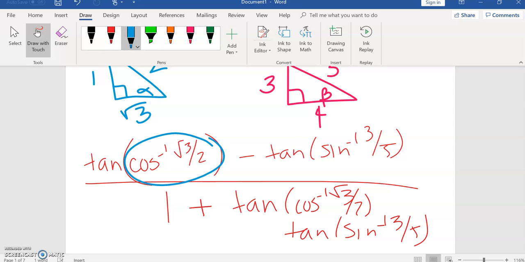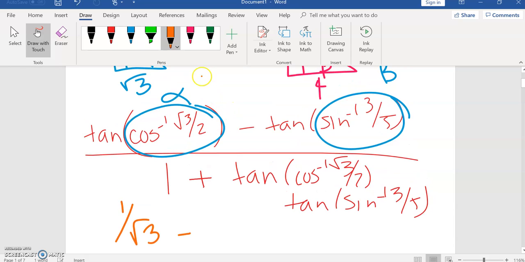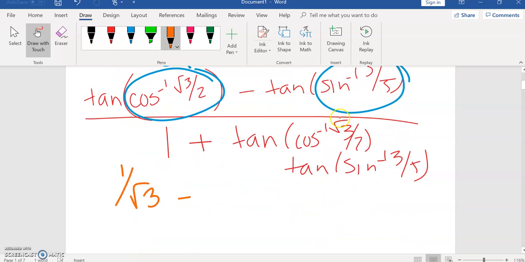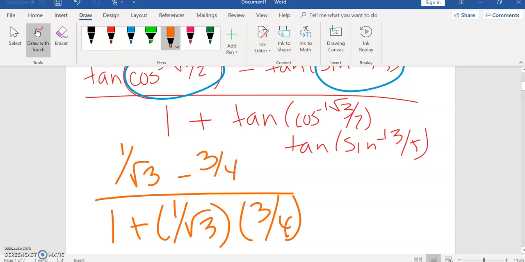Okay, but what's this really? This is really just alpha. This is just beta. So what this is actually asking for is the tangent of that triangle, which is 1 over the square root of 3. This one here, the tangent, is 3/4. Then same thing in the bottom here, 1 plus 1 over the square root of 3 and 3/4.